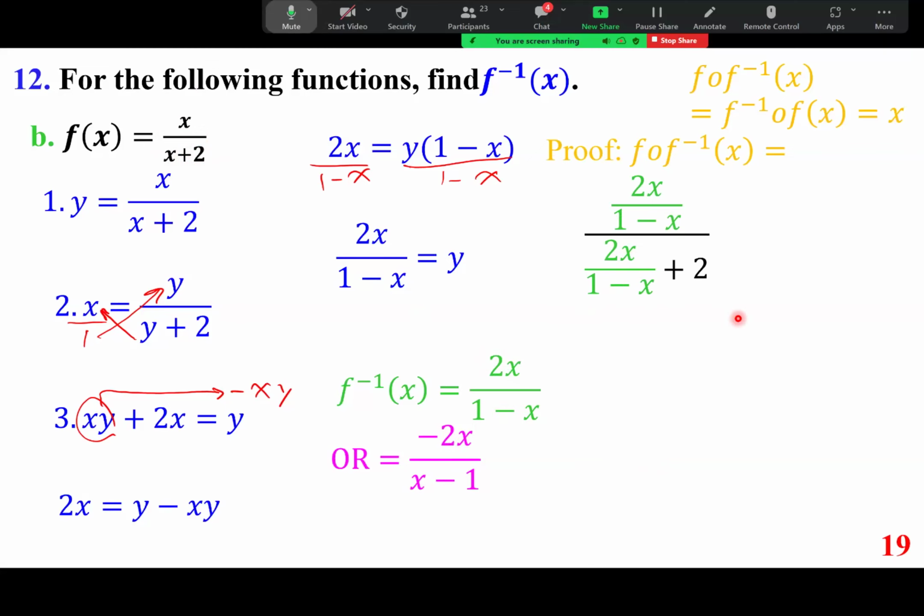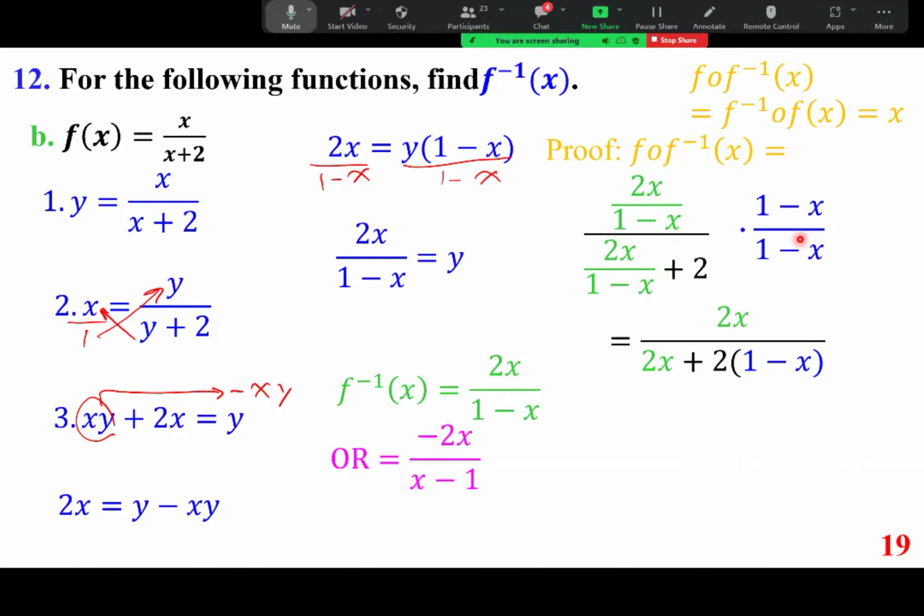And this is a complex fraction. To simplify the complex fraction, we multiply the top and the bottom by LCD, which is 1 minus X. So when I multiply these two, the numerator gives me only 2X. When I multiply these two, this gives me 2X plus 2 times 1 minus X. So I hope everybody is comfortable with complex fractions.